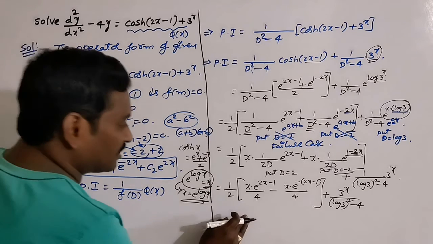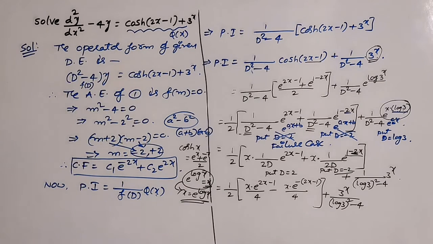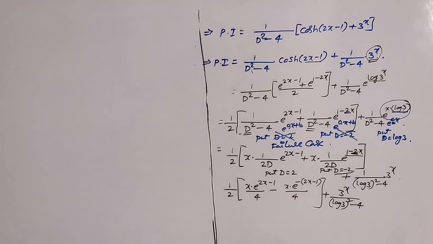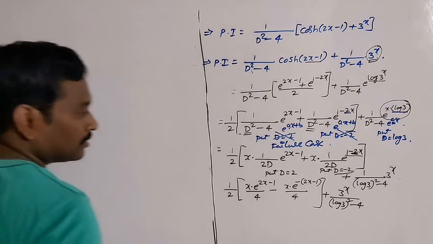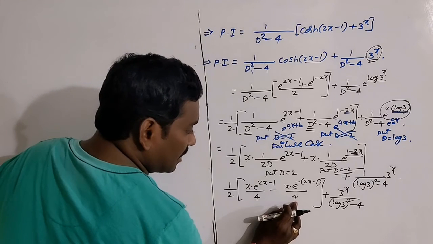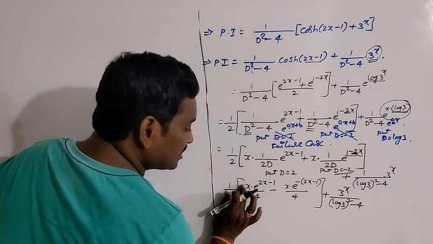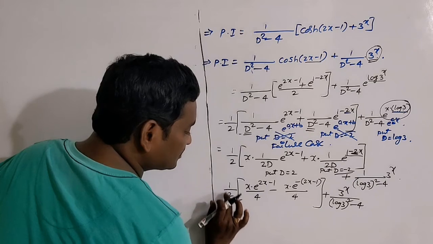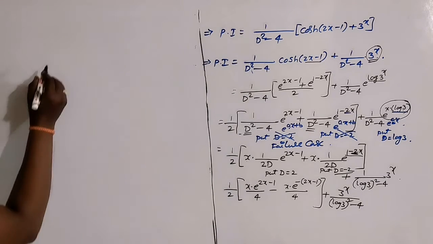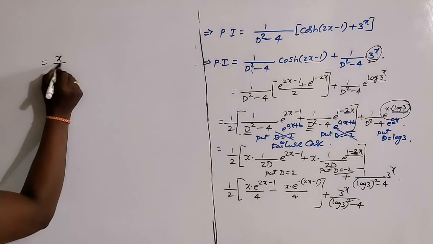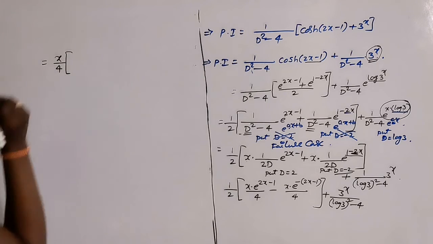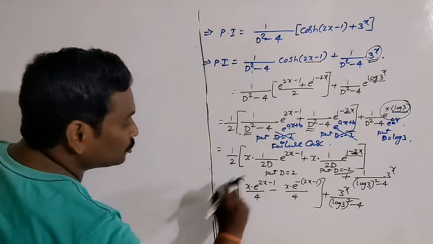Okay. I will write one more step here. See. Now, here 4 is the common term. In the numerator, x is the common term. And I will take this 1 by 2 inside. So the next step becomes x by 4. x by 4 is the common term, and send this 1 by 2 inside.